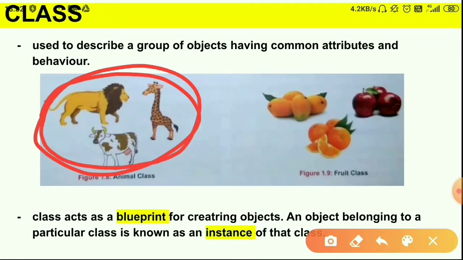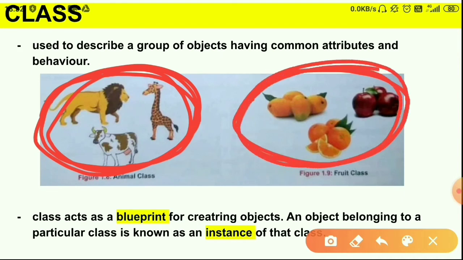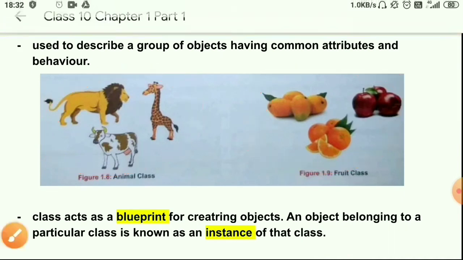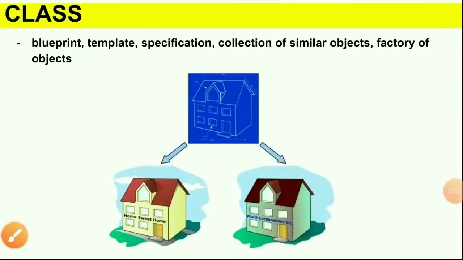They are representing one single class called the animal class. We have got these objects, they are representing one single class, the fruit class. And here we have got two houses which are representing the house class. So that is why we can say that class is a collection of similar objects.